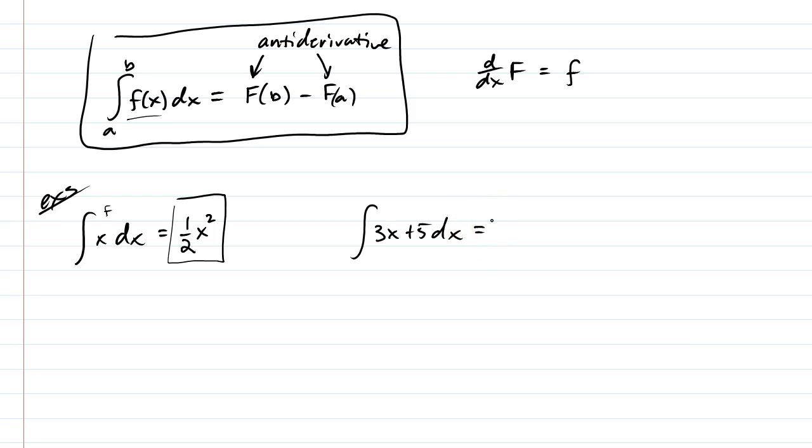In this case, it's the same thing. A higher power of x would be x squared. A higher power here would just be x, and I could put a 5 here. And now, the reason I can just put a 5 here is because if you think about the derivative of 5x, derivative of 5x is 5. So that's okay.